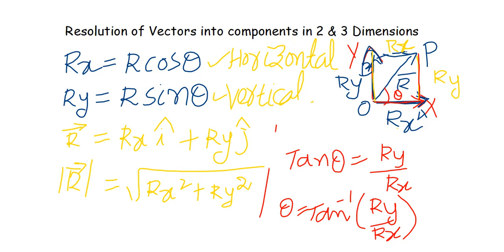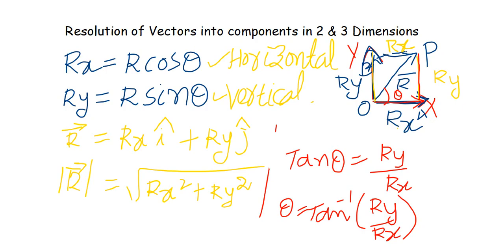So if a point vector r bar is represented in two directions, in x and y directions, these x and y coordinates are mutually perpendicular to each other. So the vector r bar in x direction is written as the component rx. Rx means r cos theta. OA is parallel to BP, so OA is Rx, BP is also Rx.